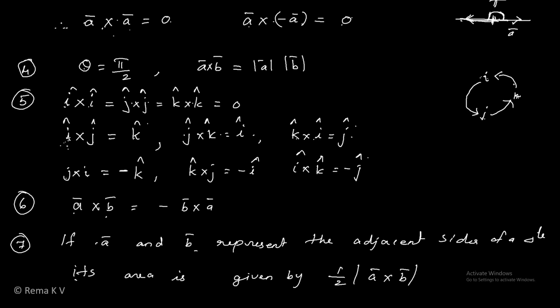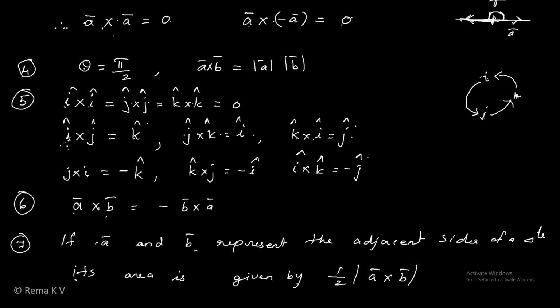If you are considering clockwise direction, I cross k is equal to minus j, k cross j is equal to minus I, and j cross I is equal to minus k. Then vector product, or cross product, is not commutative.